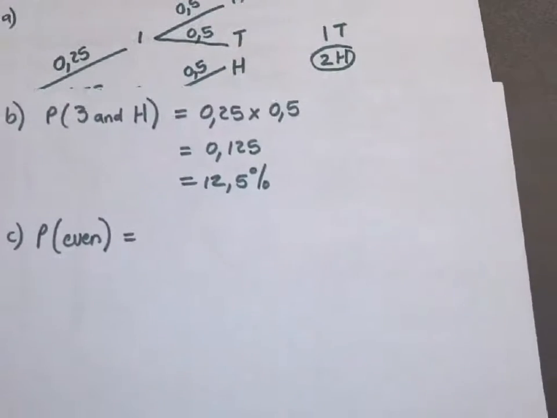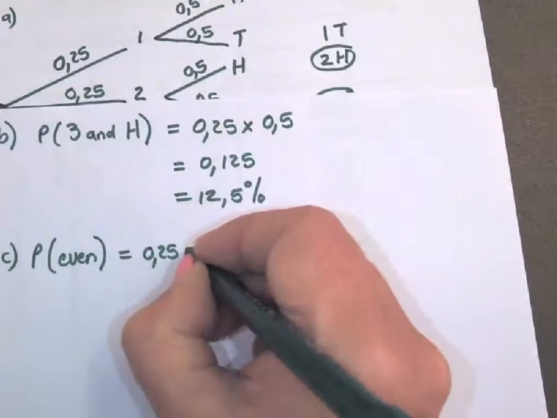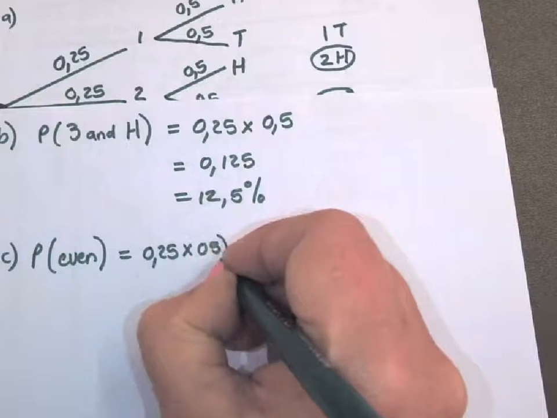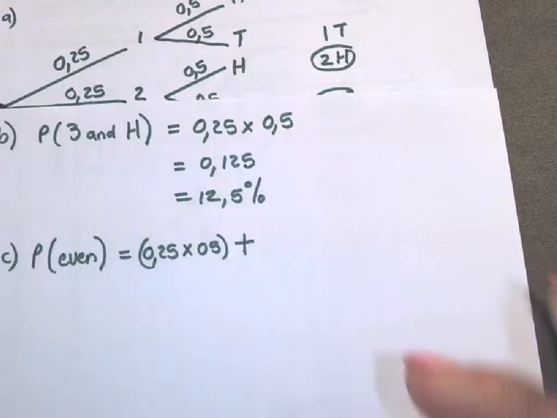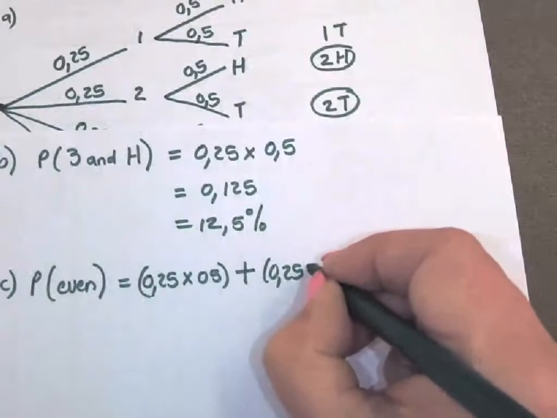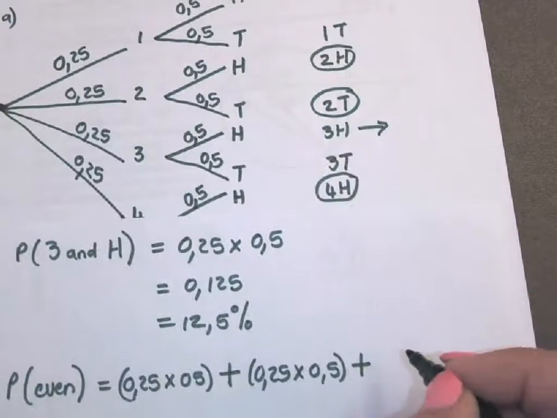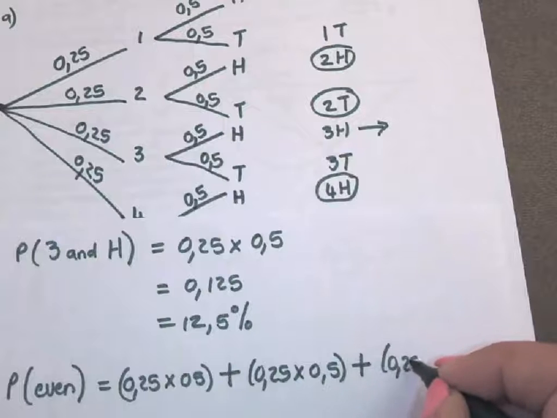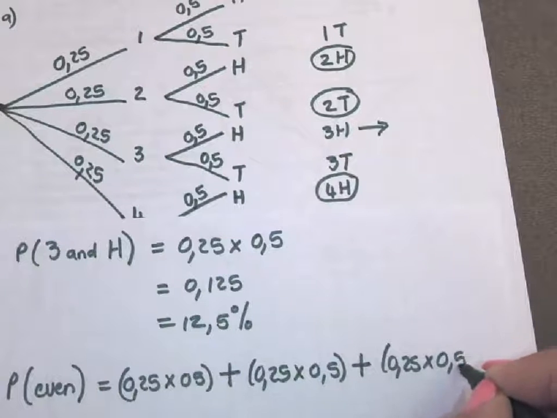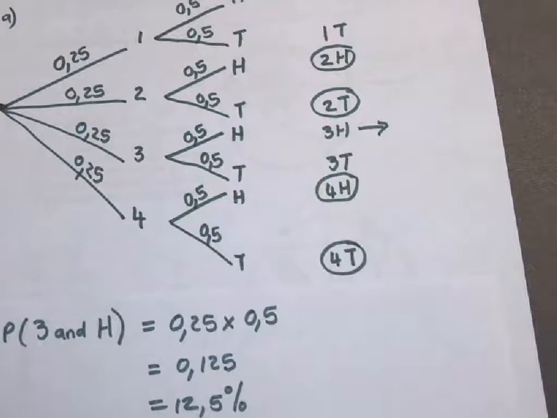So we have 2h, which is 0,25 times 0,5, or 0,25 times 0,5, or 0,25 times 0,5, or 0,25 times 0,5.